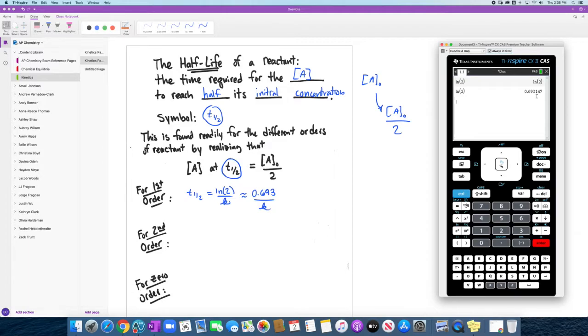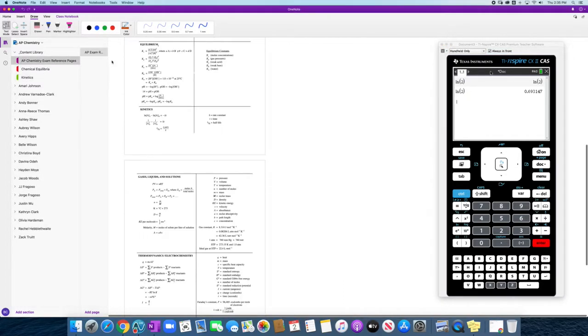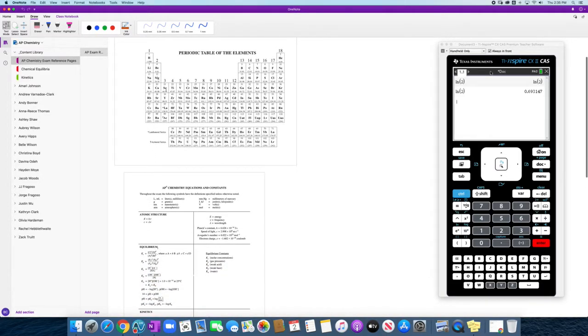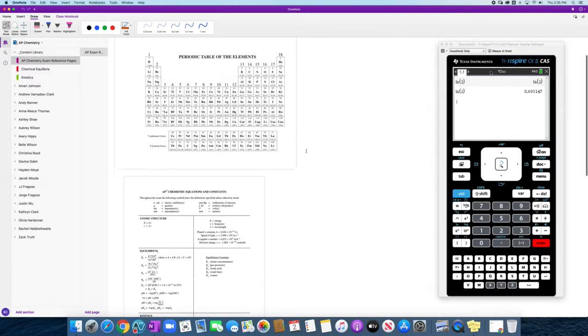Okay, so that's a really important result, and it's actually found on the equation pages that I've given you for the AP exam. If you can track those down, remember these pages that I gave you a while back, I've got them posted again here in my OneNote content library if you need another copy.